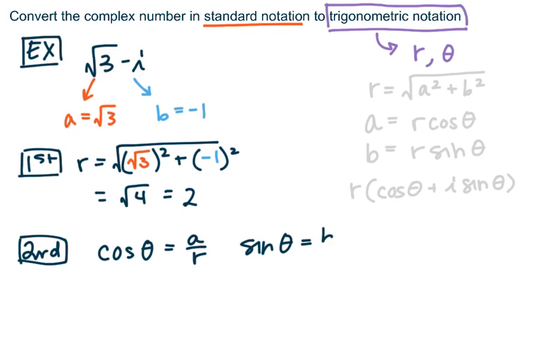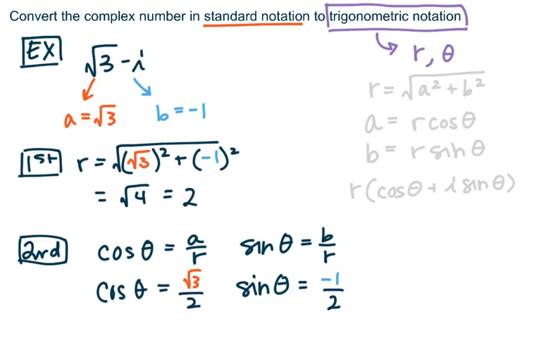Sine theta equals b over r. So that means cosine theta is the square root of 3 over 2, and sine theta is -1 over 2.